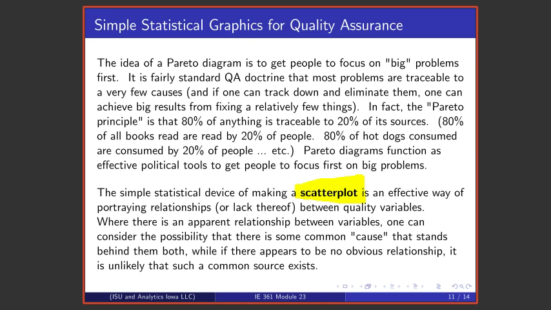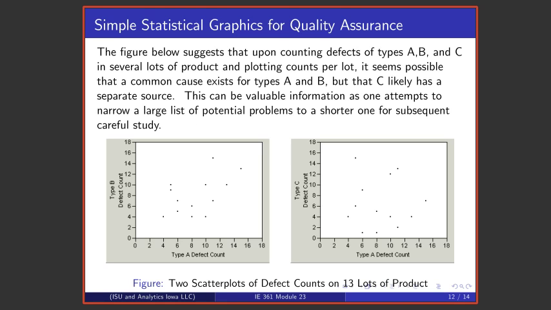Those of you who've had a statistics course might well say, well, gee, I could compute sample correlation. Yes, that's true. But often a picture is more easily understood by non-quantitative people than the value of a correlation being 0.73.